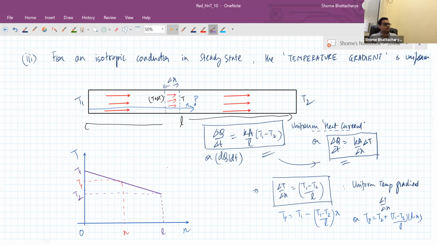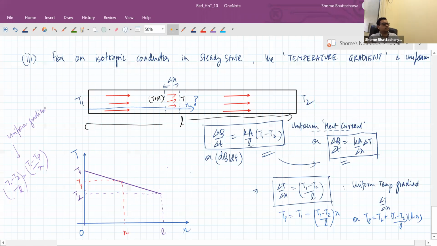You can see that (T1 minus T2) by L is equal to (T1 minus Tp) by x. Uniform gradient, or that is delta T by delta x.